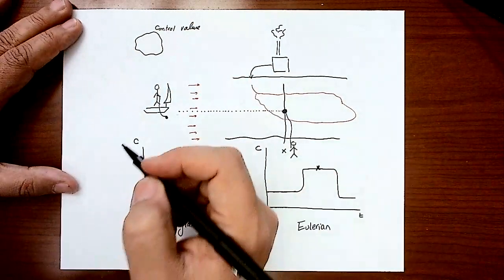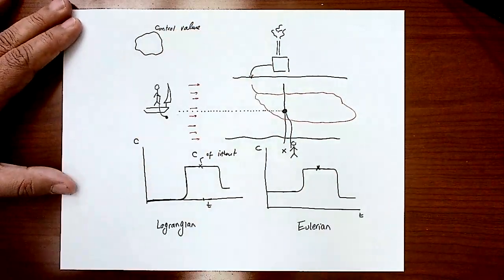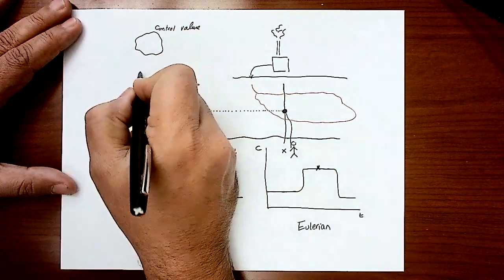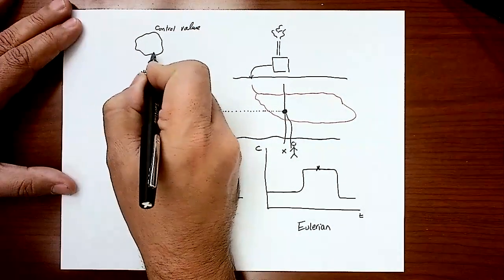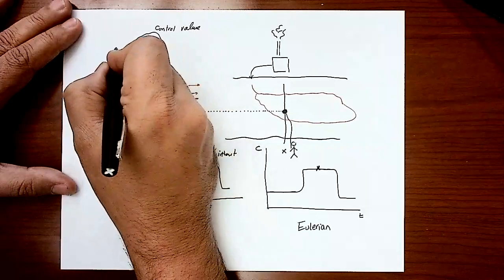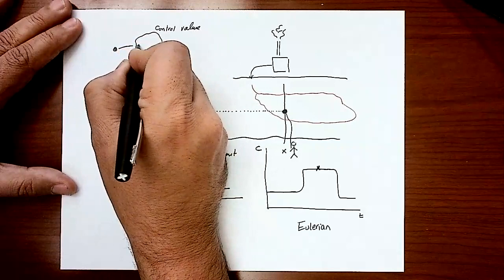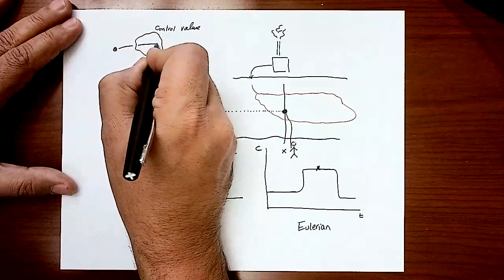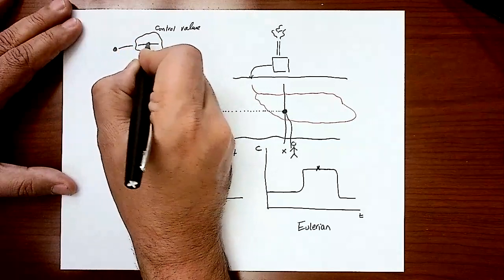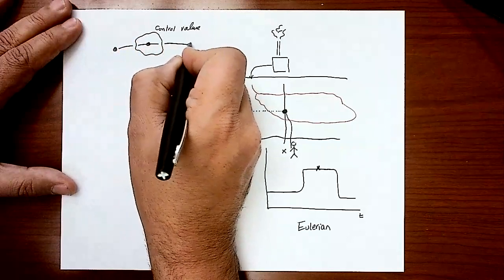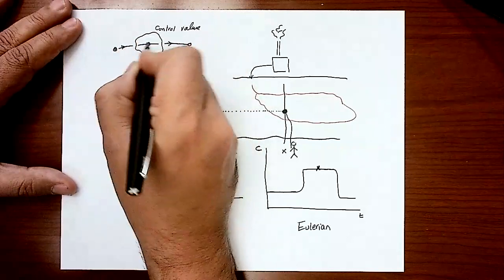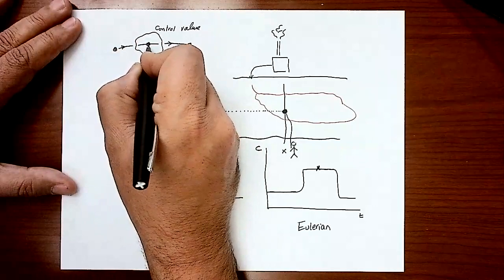If I'm using the Eulerian concept, what I'm going to do is keep my eyes open on that control volume. That's my fixed position. Then I'm going to look at the fluid particle here. As soon as it gets in here, I'm going to record the velocity of that fluid particle. When it's inside the control volume, then it will leave, right? So I will record the data at that time here.